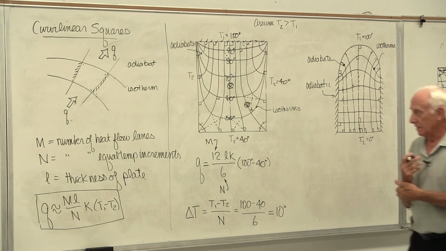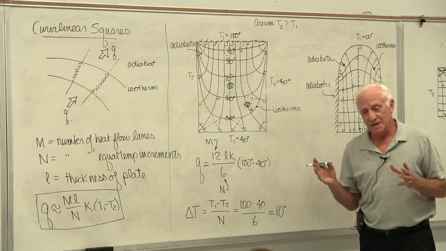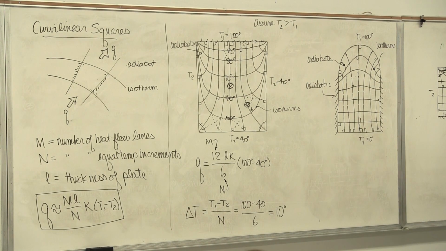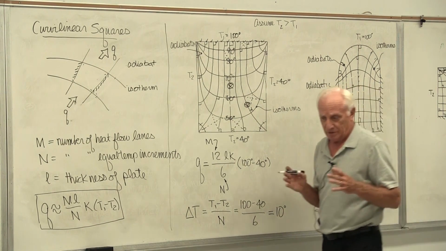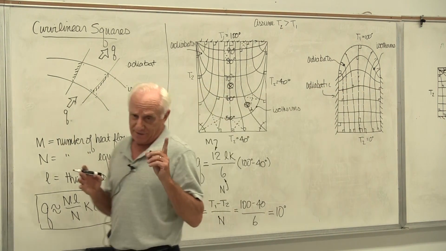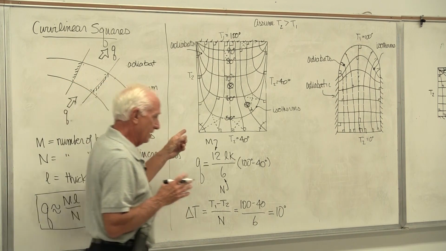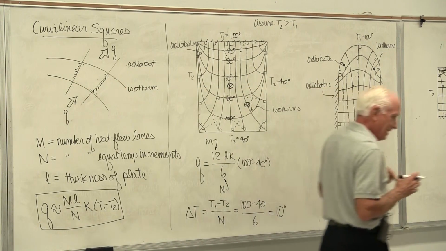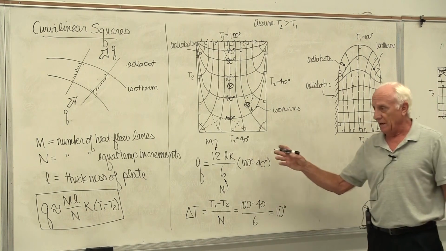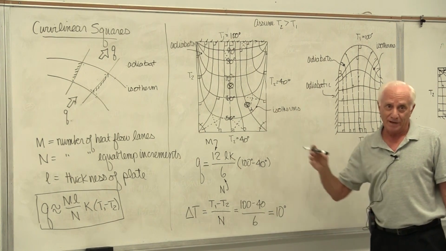But if you're doing a computer code and you have no idea what the heat flow is, and it spits an answer out for you, you could check that computer code with this real quick. If the computer code spits out 10,000 and this gives you 800, somebody's wrong.